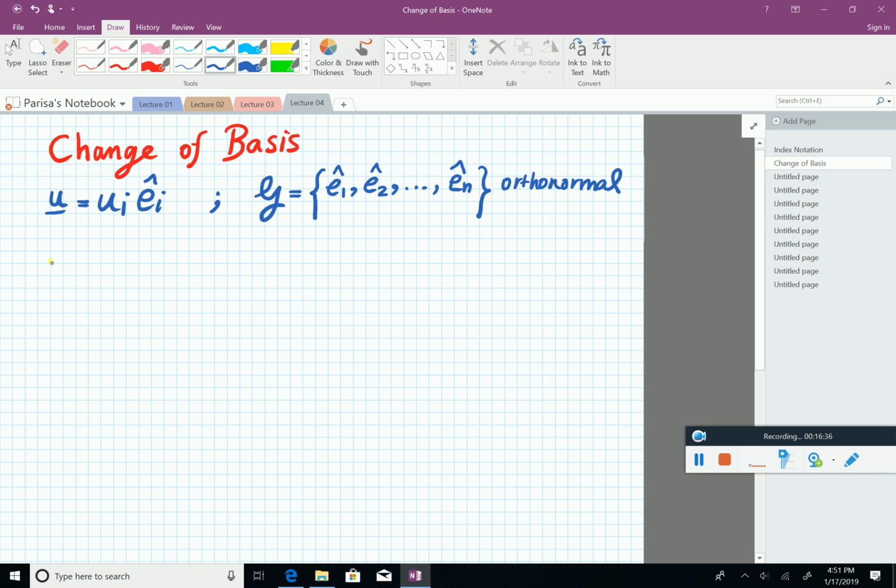Then you want to change the bases. So we consider another orthonormal basis. I just use prime to show the elements. So this is also another basis.